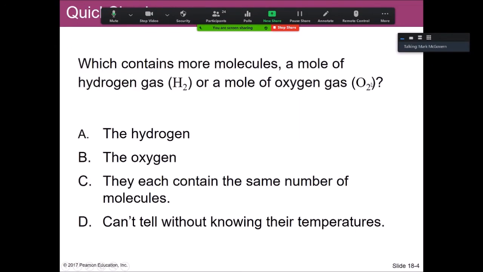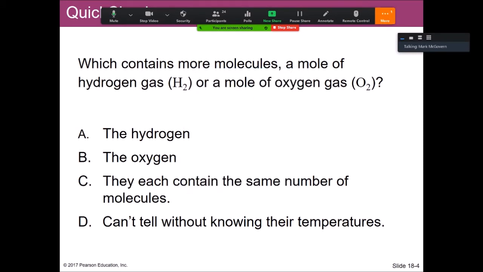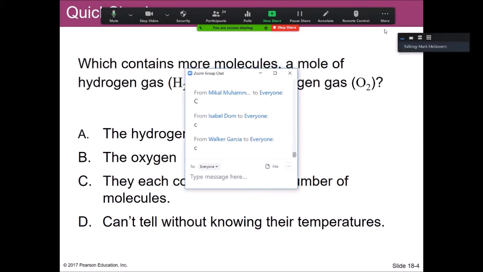All right, so question for you here. Which contains more molecules, a mole of hydrogen gas or a mole of oxygen? Letter in the chat. Let me know what you think. A lot of C's, a lot of C's. All right. You're saying you can't fool me, McGovern.